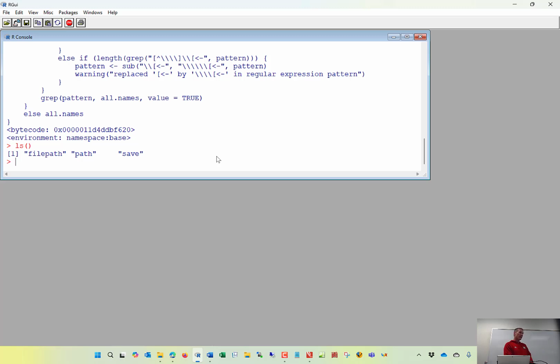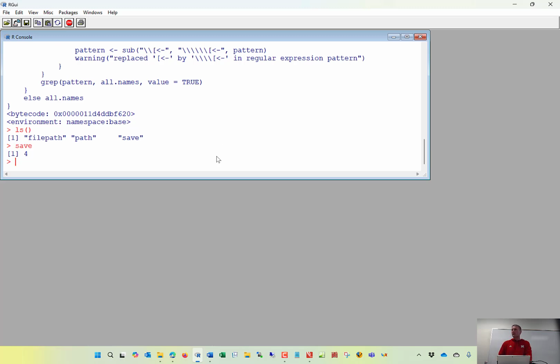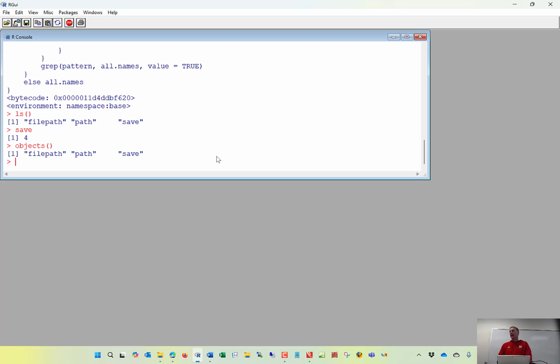And so the people who first created R and then previously S often use the Linux associated names for this. And so ls, parentheses and parentheses, is an actual function that I'm running. And so, again, if I type save, you see indeed 4 is saved in there. You can also type objects, parentheses and parentheses, and do that as well. Okay?